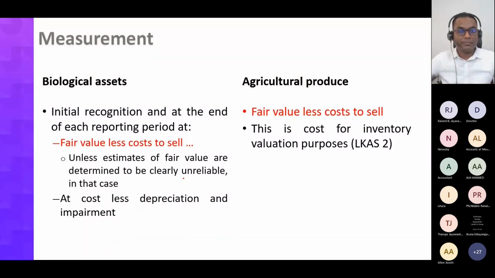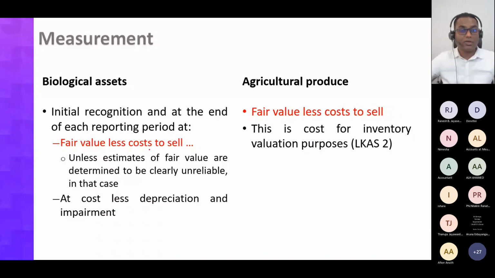So if you look at the biological assets, biological assets are initially as well as subsequently measured at fair value less cost to sell. Now, sometimes the questions don't explain about the selling cost. If you have not been given information about the selling cost, then you can ignore that and you just need to measure the biological asset at fair value. But in this particular question, it specifically mentioned the selling cost.